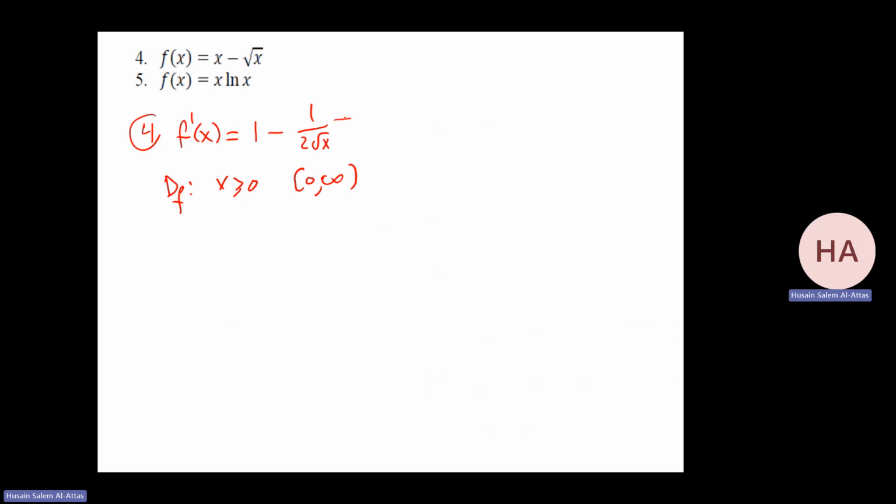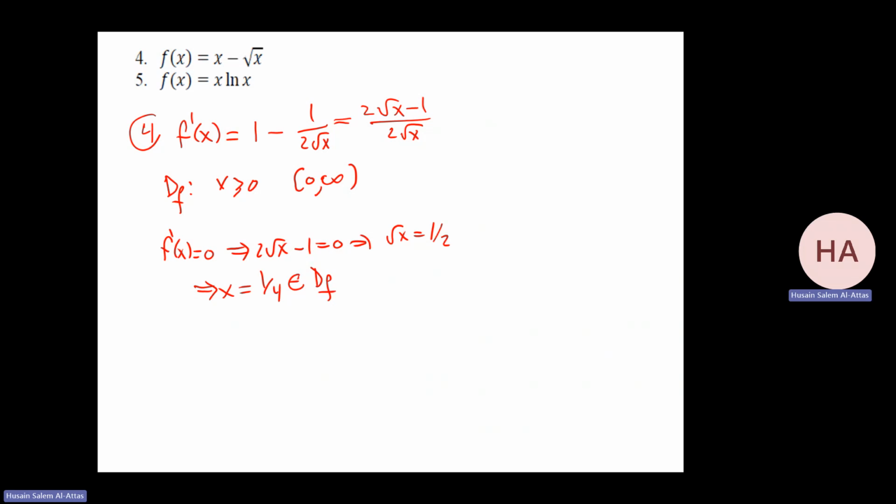Let me rewrite f prime this way: 2 root x minus 1 over 2 root x. So f prime equals 0 means 2 root x minus 1 equals 0, so 2 root x is equal to 1, or root x equals 1 over 2. That means x equals 1 over 4. Is it in the domain of f? Yes, it's in the domain of f.